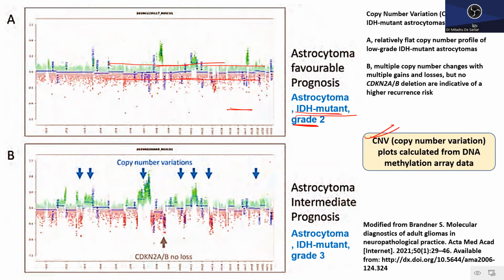But in the case below, quite a few chromosomes are showing amplifications, and there are also deletions of a couple of chromosomes. But most importantly, at the CDKN2A and CDKN2B locus, there is no chromosomal loss. That's important, because had that been there, your diagnosis of astrocytoma IDH mutant grade 3 would have become a grade 4, like in the next case.